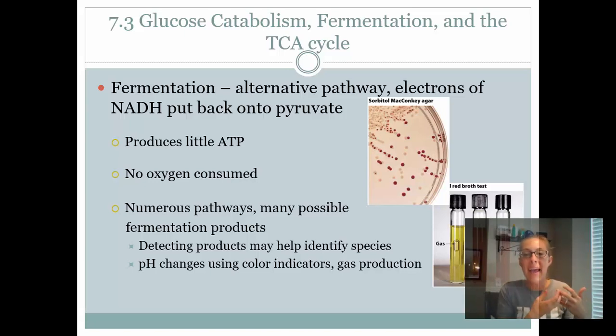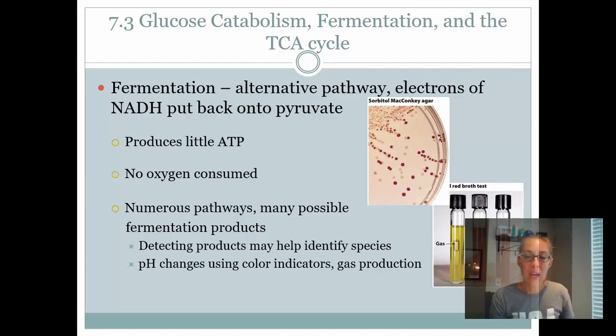So if a species is inoculated in a media that contains a sugar they can ferment, in an anaerobic environment, they will break it down and produce these acidic byproducts. Those acidic byproducts will cause the media to change pH, and you can use a pH indicator to detect the change in pH just by having your media change color.